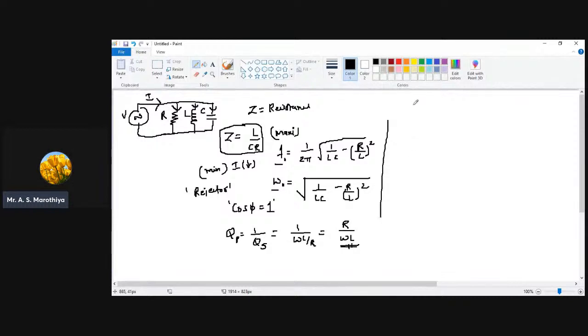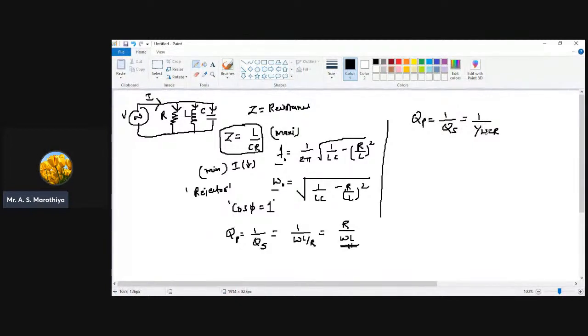In the same way, here we have QP, the quality factor in case of parallel, which is going to be equal to 1 upon QS. And as far as the capacitor is concerned, in case of series resonance circuit the quality factor as far as capacitance is concerned is nothing but 1 upon omega CR.